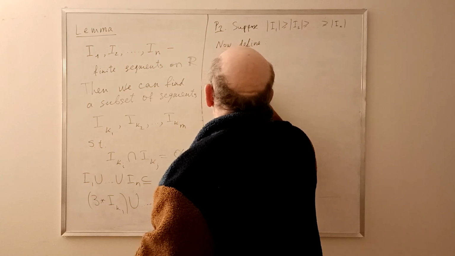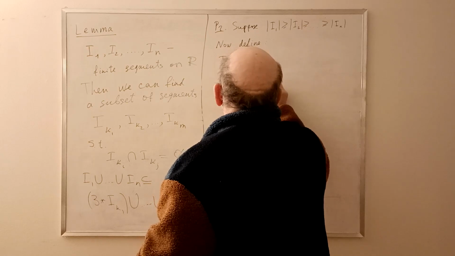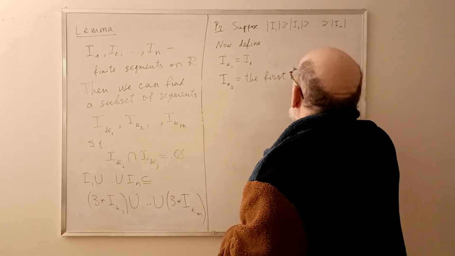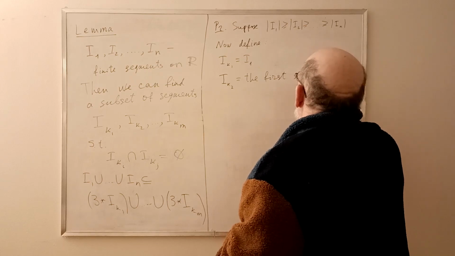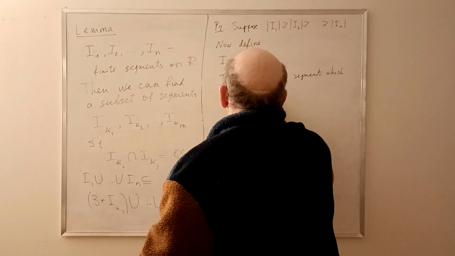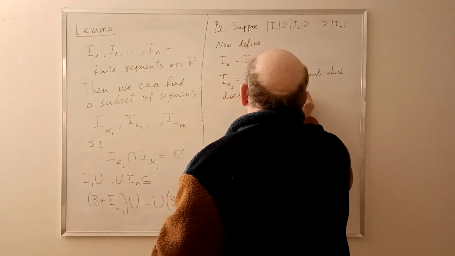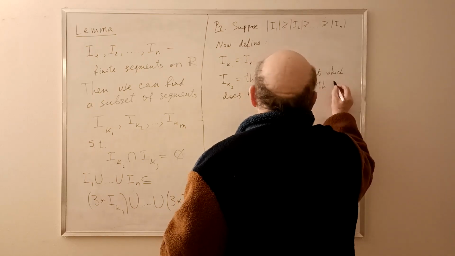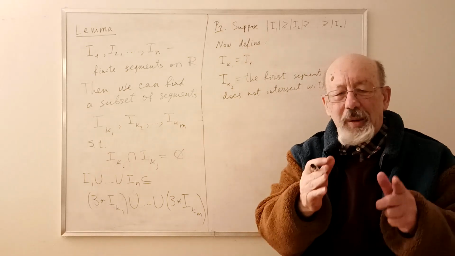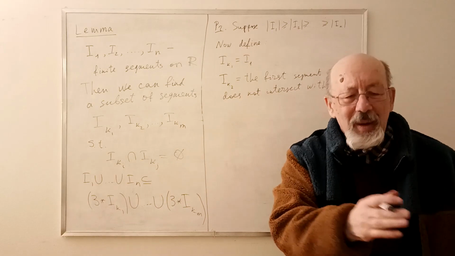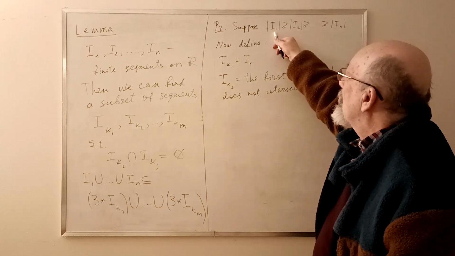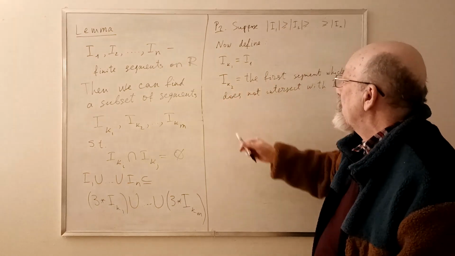I K2 is the first segment in this order which does not intersect with I K1. Maybe the next one still overlaps with it, and if we take one after another and reach the first segment which does not overlap with I1, we call it I K2.